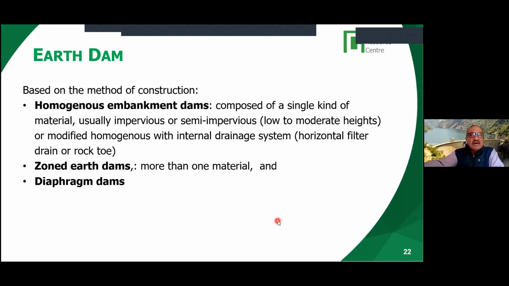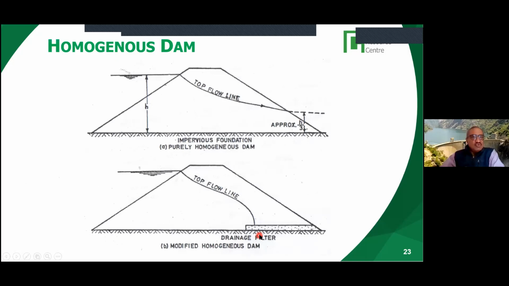I have diagrams of this, so I think it's better to explain using a diagram. So homogeneous dams are with basically one type of material. One thing you have to be careful about is, in the upstream portion, this is the full supply level or the maximum water level.